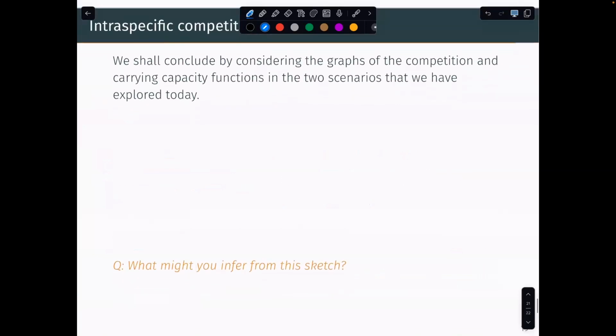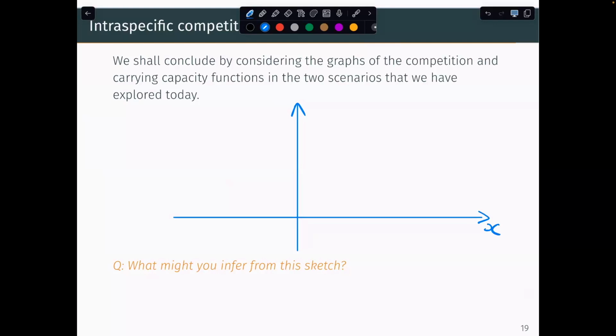Okay. Very last thing, which is related to this. If we imagine the graphs of these two scenarios, I'm just going to draw them as functions of f of x.